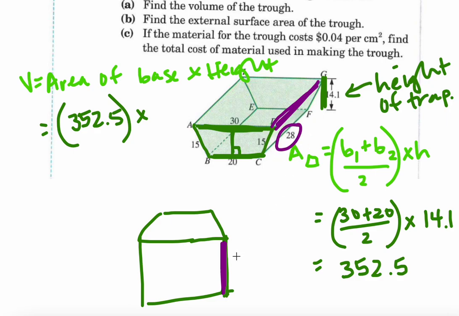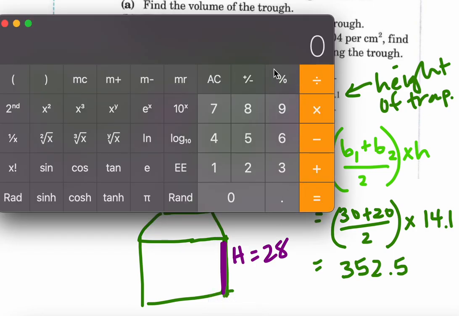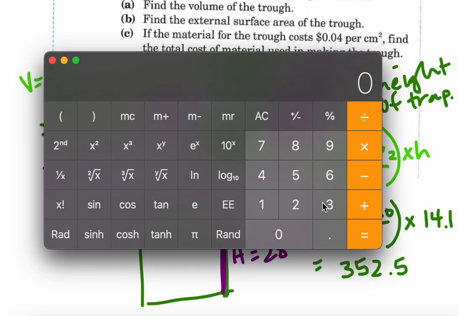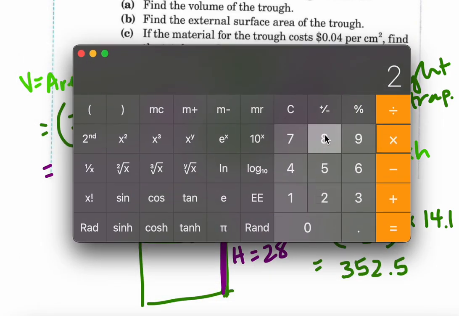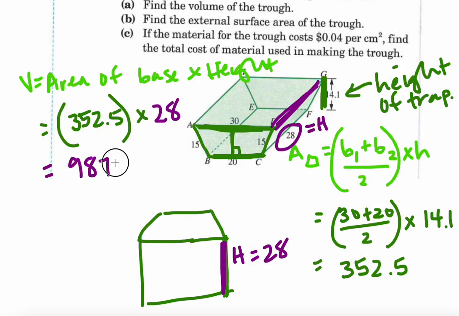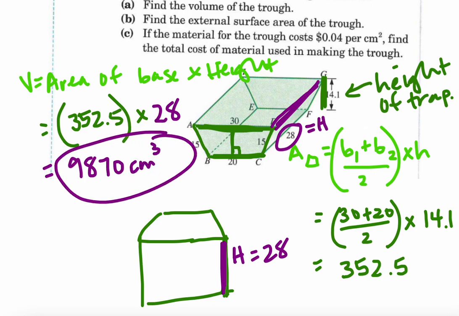So the height, big H, is 28. So this needs to multiply by 28. 352.5 times 28 will give us our volume, which is 9,870. This is centimeters cubed because it's volume.